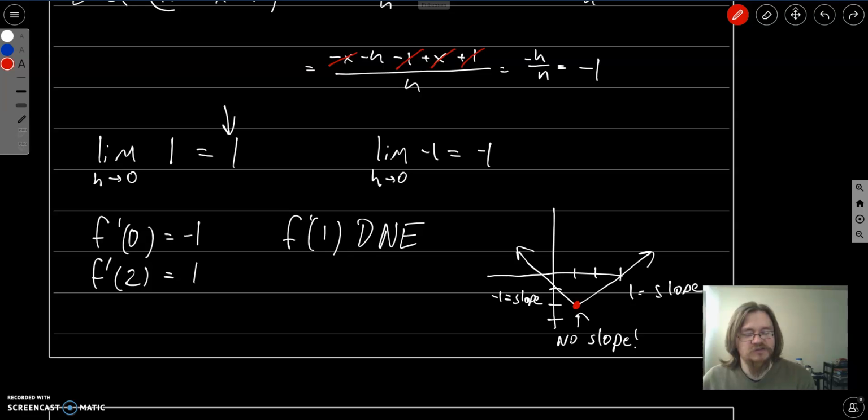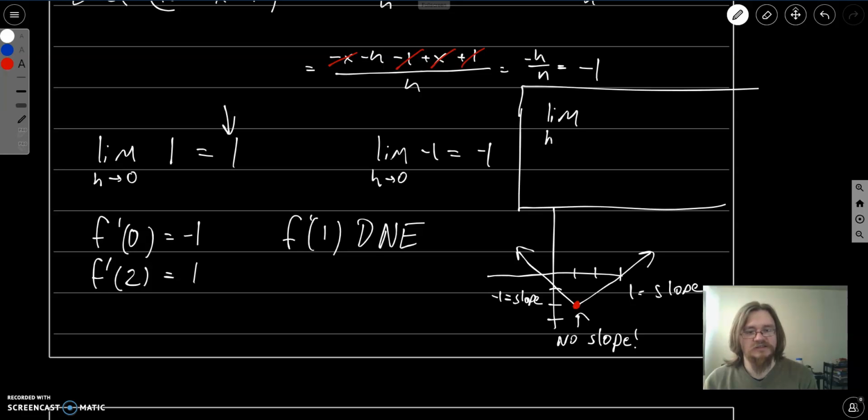But if I go x plus a hair, but I'm going backwards, if I'm adding a hair in the other direction, here's my slope, and it's pointing in the opposite direction. So the limit here doesn't exist because the limit. Let me just write this down, and then we'll finish up.